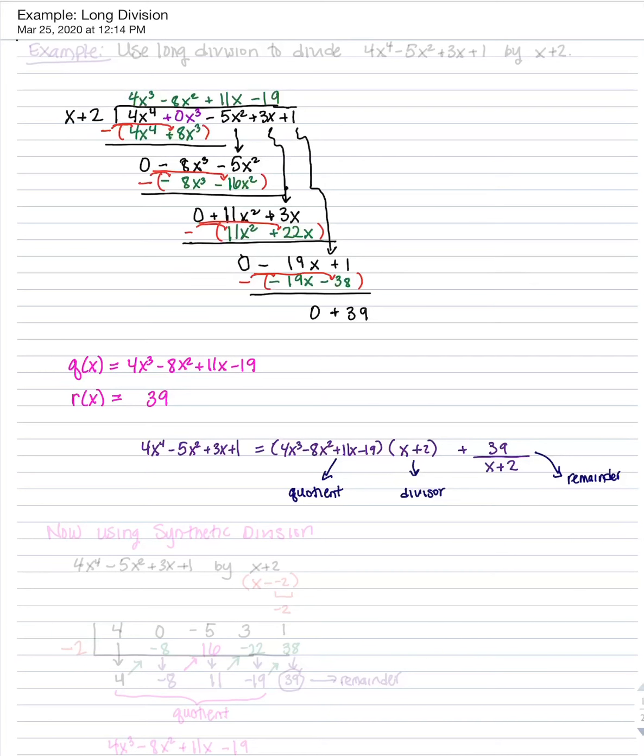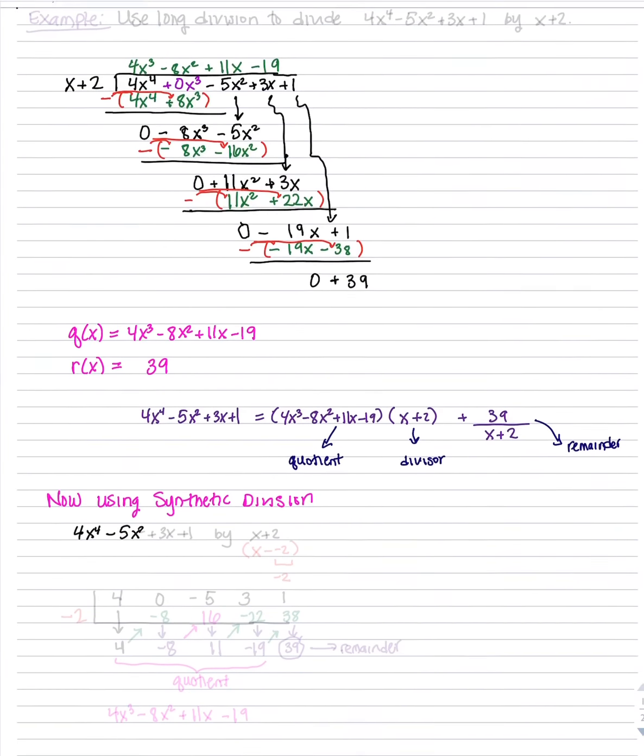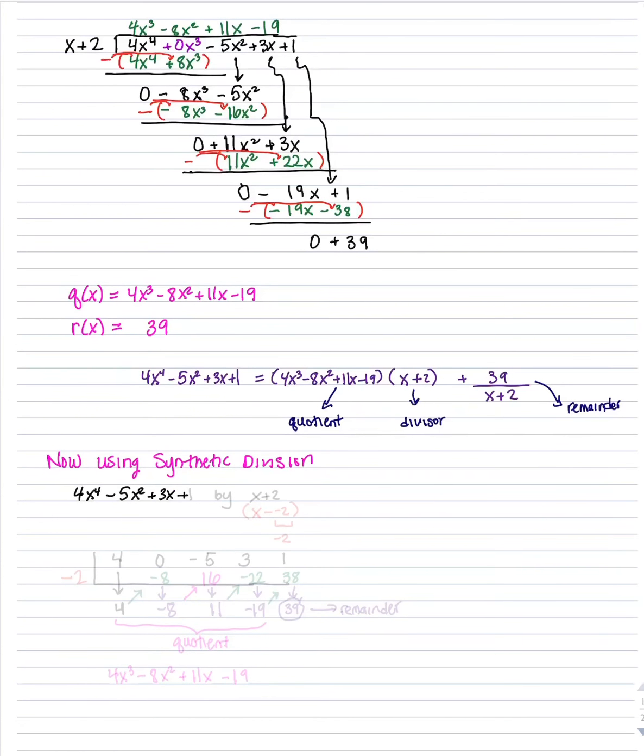So now, using synthetic division, we will set up, since we are dividing 4x to the fourth minus 5x squared plus 3x plus 1 by x plus 2.